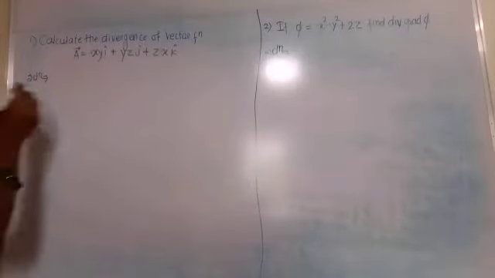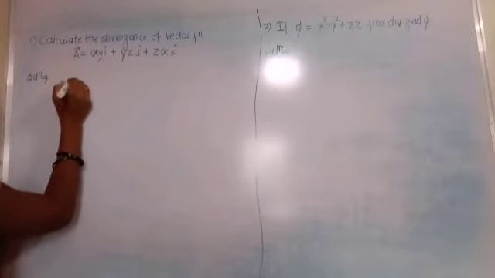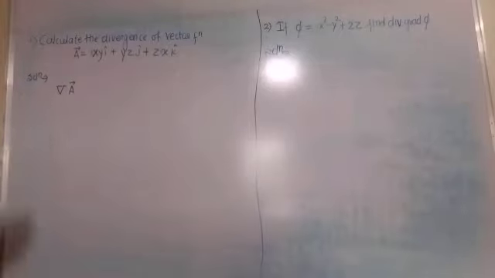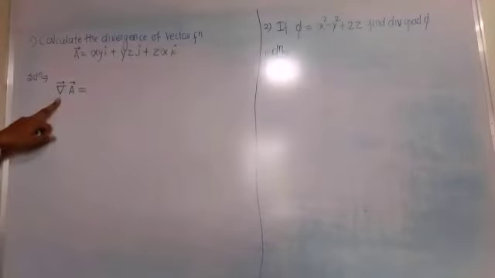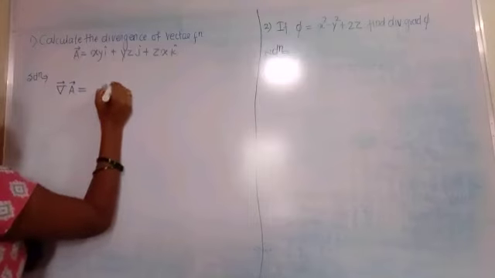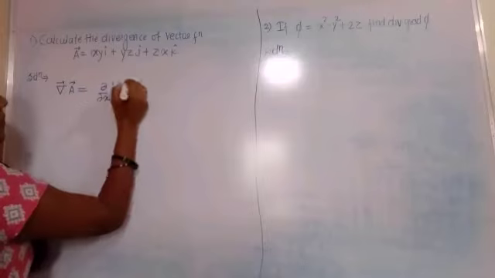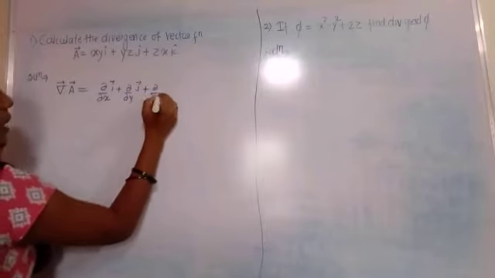We know that the divergence of vector function A is nothing but the operator del dot A. So this is the divergence of vector function A. In this we put the value of the operator. The operator means del by del x of i plus del by del y of j plus del by del z of k.